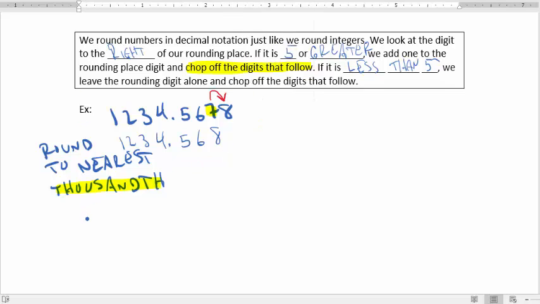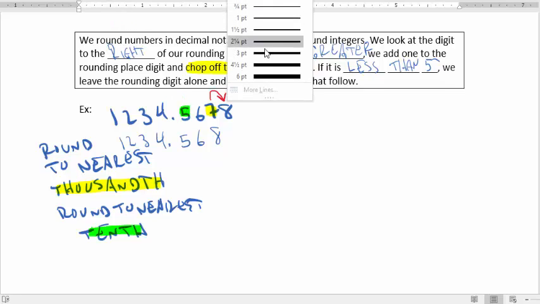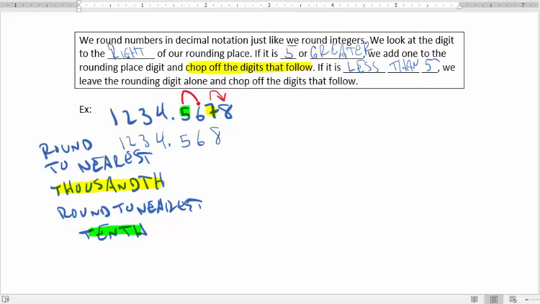And then if you were going to round it to the nearest tenth, let's say, what's the tenths place? The tenths place would be this 5. So remember what we do? We look to the right of that. So we look at the 6, and the 6 tells us, because the 6 is 5 or greater, to make that 5 a 6.